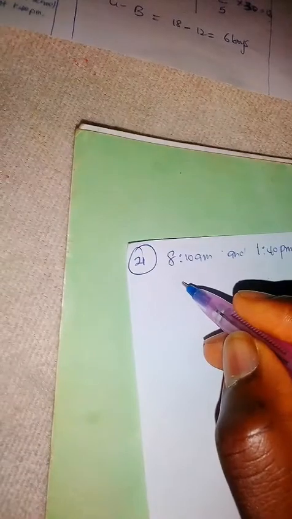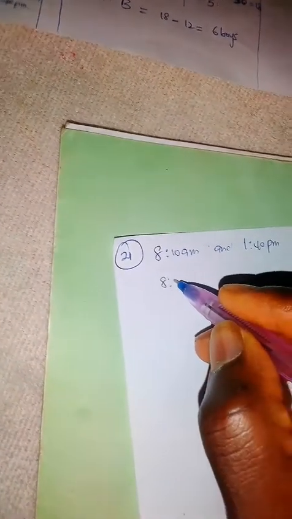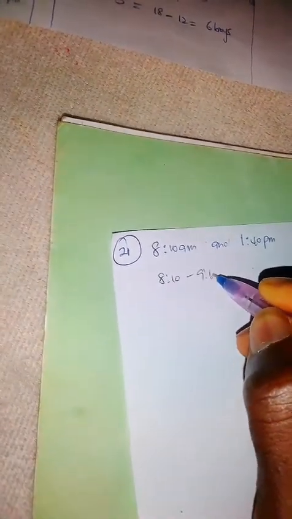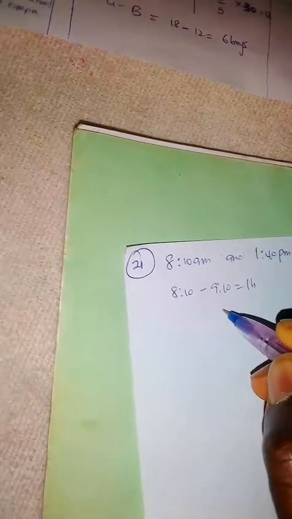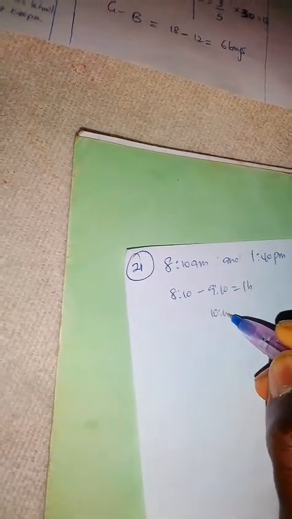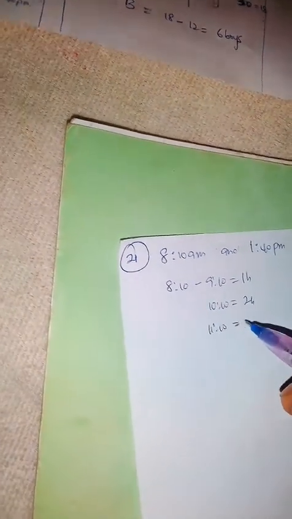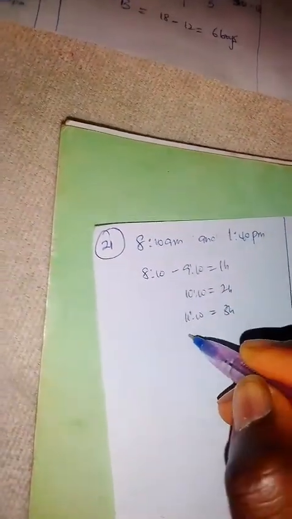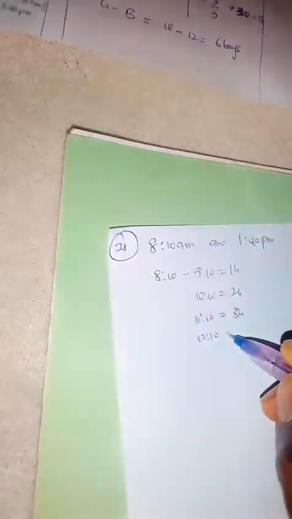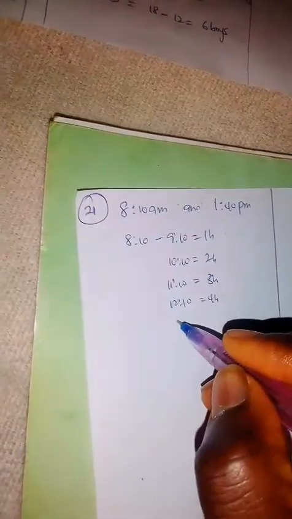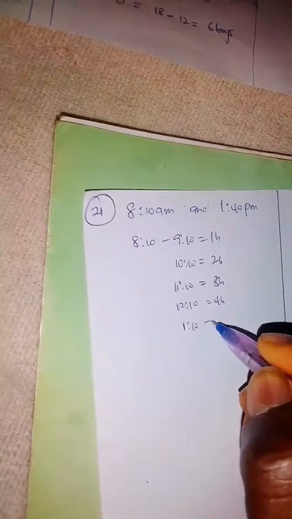Let's find the number of hours from 8:10 to 1:40. 8:10 to 9:10 is 1 hour. 10:10 is 2 hours. 11:10 is 3 hours. 12:10 is 4 hours. 1:10 is 5 hours.